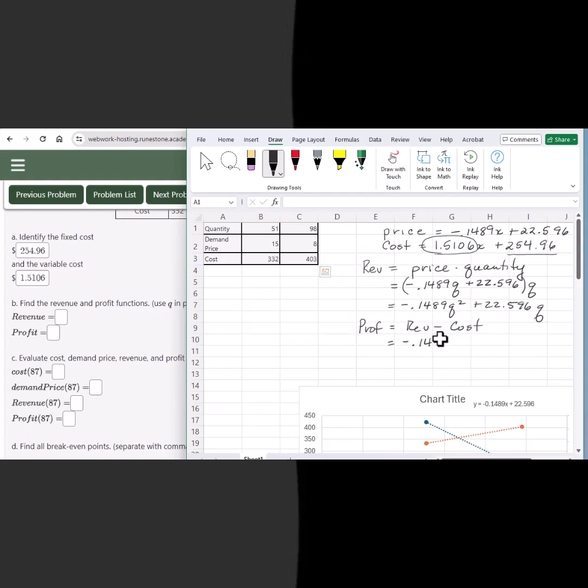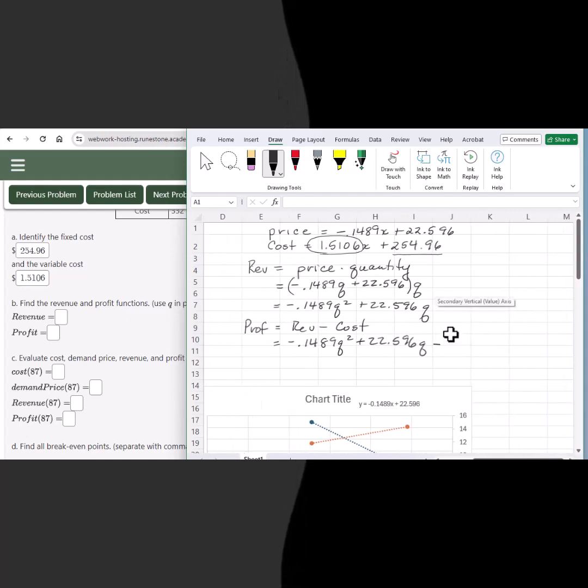Revenue, negative 0.1489 q squared. Okay, and then take away cost. I need to subtract both terms, so I'll put parentheses around that. Put a q in place of x. And I can clean that up a little bit. I've got negative 0.1489 q squared. Then I have 22.596 q minus 1.5106 q.